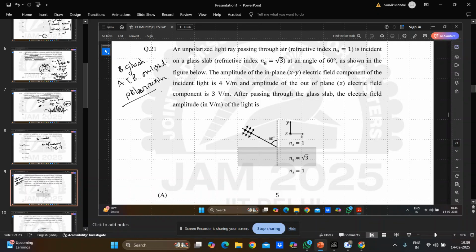An unpolarized light ray passing through air, n equal to 1, is incident on a glass slab of n_g equal to root 3 at an angle of 60 degrees.